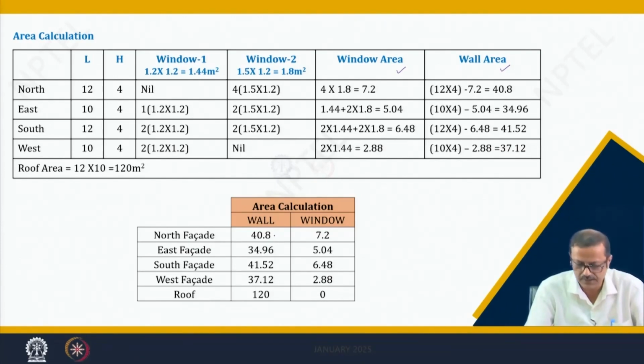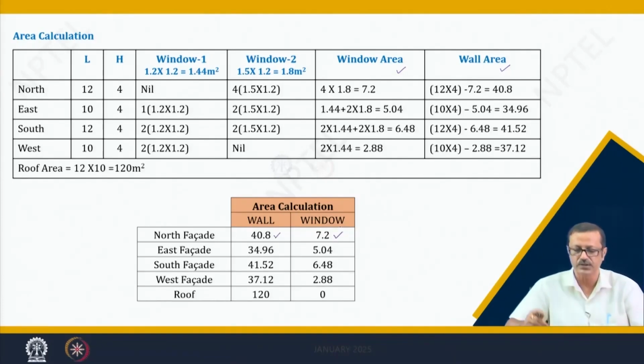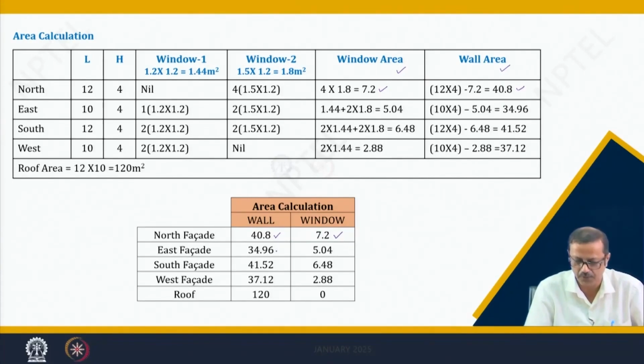For the north facade, the wall area is 40.8 meter square and the window area is 7.2 meter square. Like that, the east facade is 34.96 and 5.04, and finally, the roof is 120 meter square, whereas there is no window in the roof.